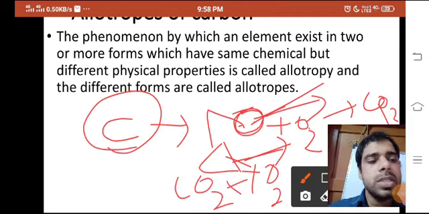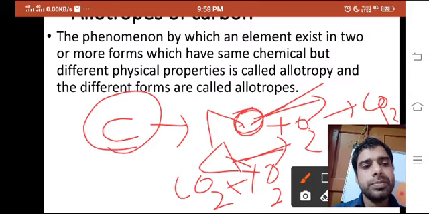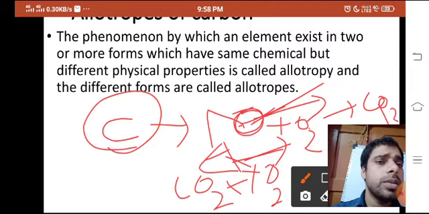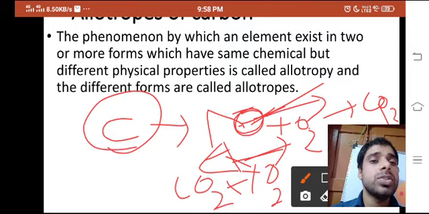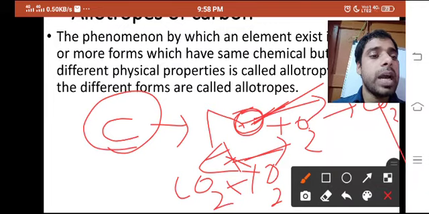So the chemical properties are the same everywhere, but the physical properties are different. This one is a circle, this one is a triangle. That phenomenon is known as allotropy, and these different forms, the circle and triangle, are known as allotropes. So, there are three allotropes of carbon.